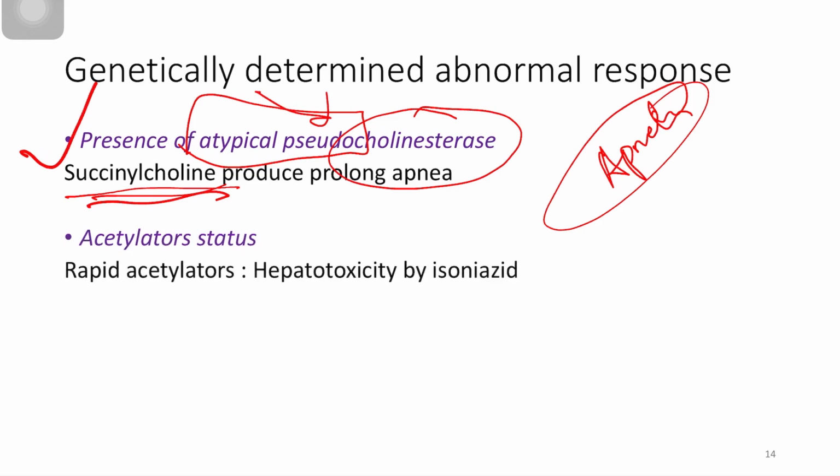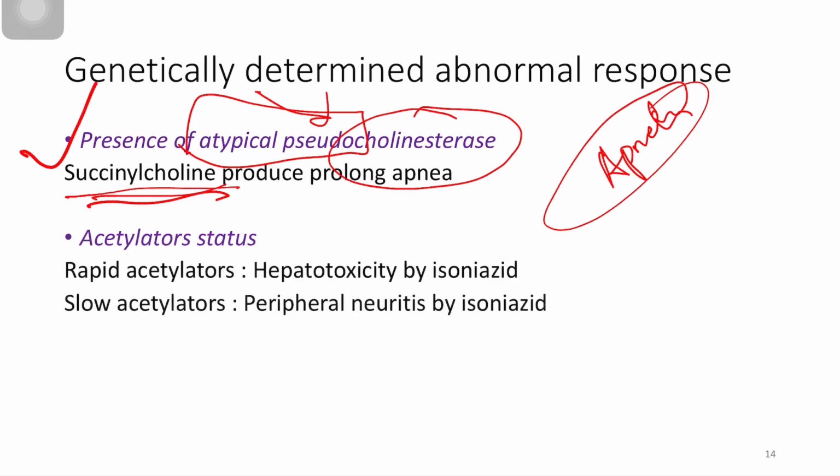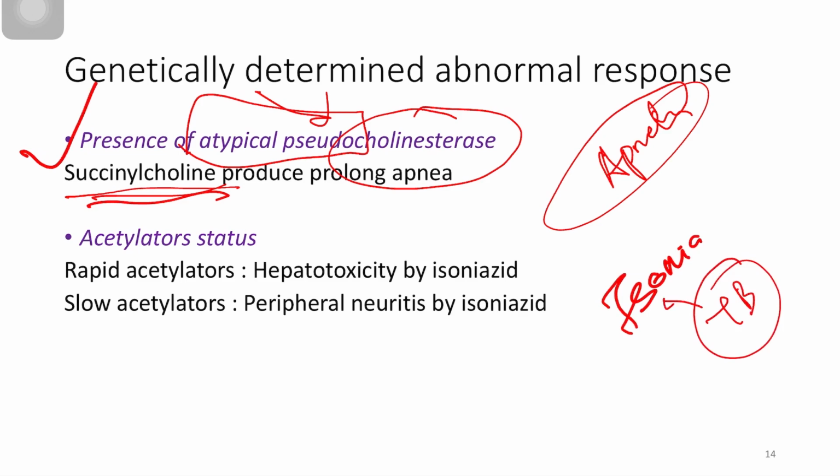One more example is acetylation, where some ethnic populations have faster metabolism of drugs like isoniazid, which is mainly used for tuberculosis, and isoniazid metabolism occurs by acetylation.